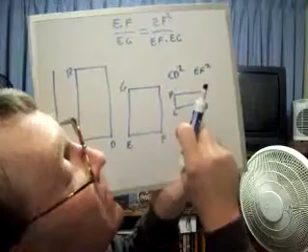And the rectangle DC and CB, well, that's how the rectangle DC and CB actually looks.